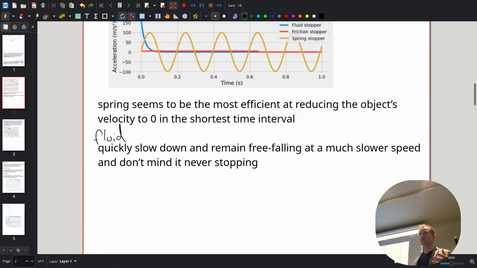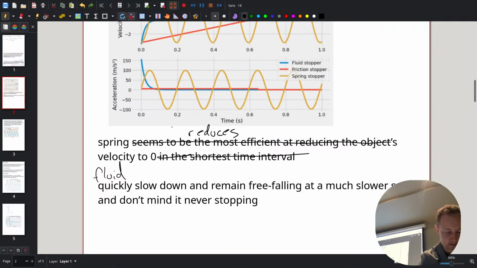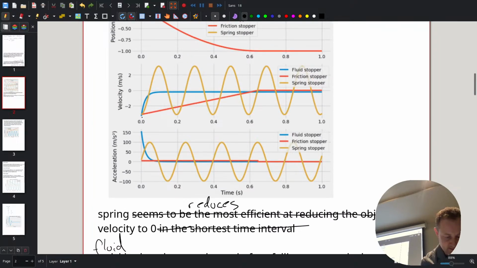You already did the hard work of creating a model, integrating it, creating plots. So instead of "seems to be the most efficient and shortest time interval," say spring reduces velocity to 0 in, and how long does it take? 0.05 seconds, something like that. At least just looking at the graph, when is it 0?